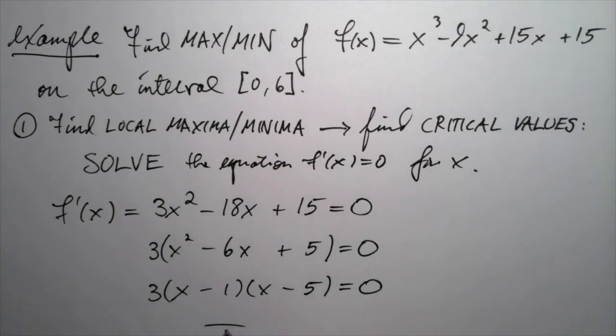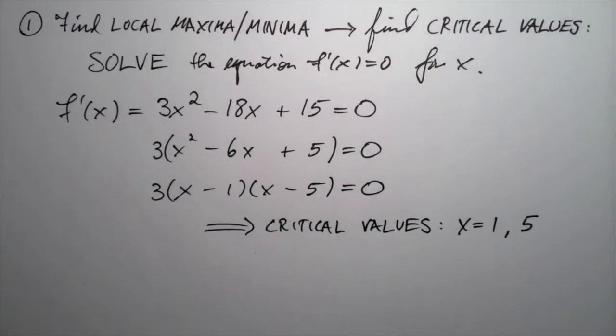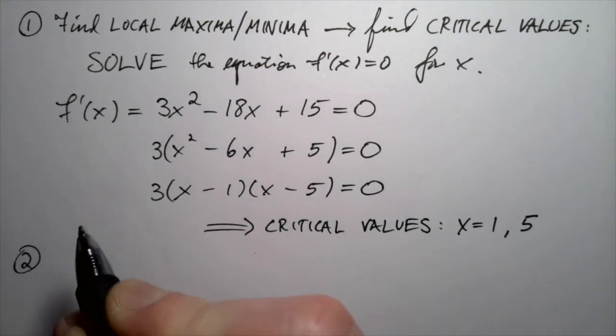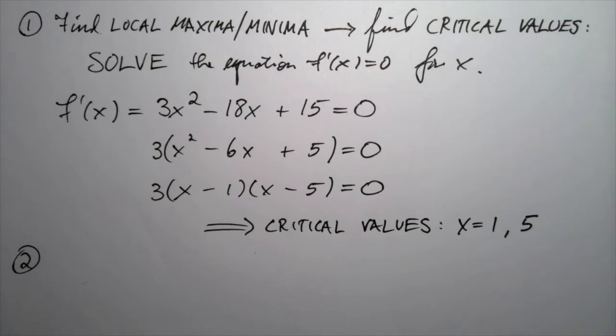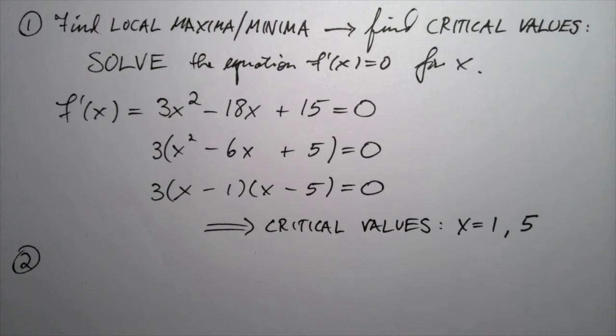So that means that the critical values, the x values where the derivative is 0, are the x values that make these terms 0. That's x equals 1 and x equals 5. Great. Now, we don't immediately know if those critical values are local maxima or local minima, but the point is that if there are any local maxima or local minima, they're going to be included in this list. So we've covered all of our bases.